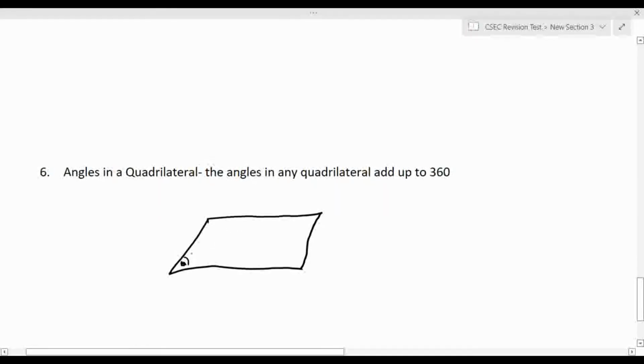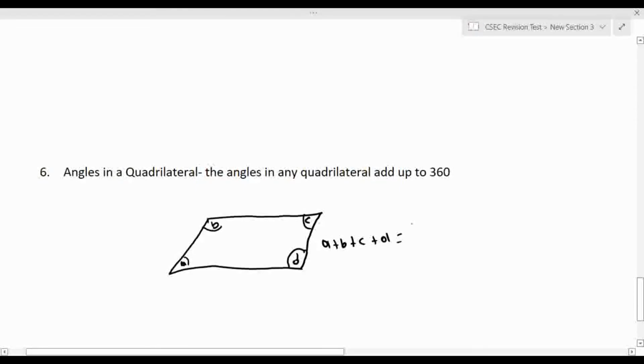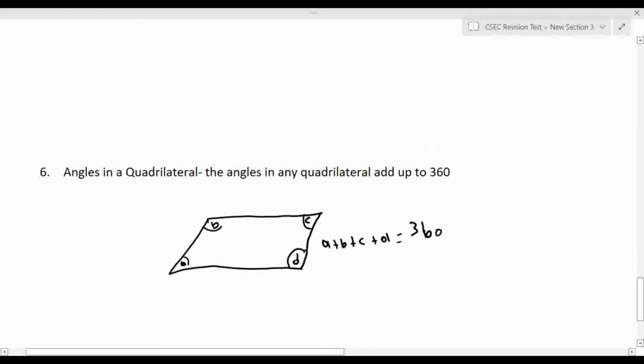Calling this A, this B, this C, this D. A plus B plus C plus D is equal to 360 degrees.